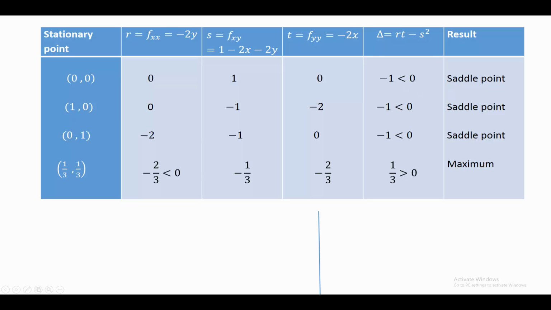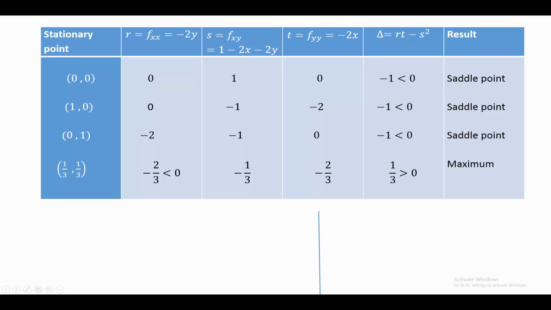This is negative. When delta is negative, the point (0, 0) is a saddle point. At the next point (1, 0), rt is 0, minus s square means minus of minus 1 square is minus 1, so delta is negative, so this point (1, 0) is also a saddle point.